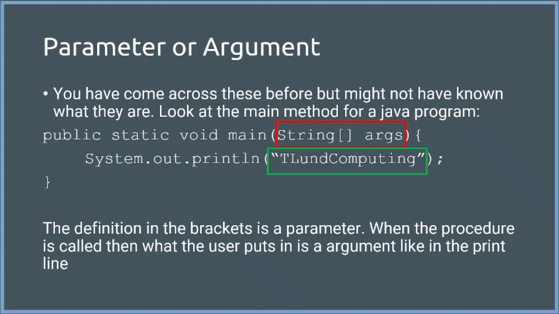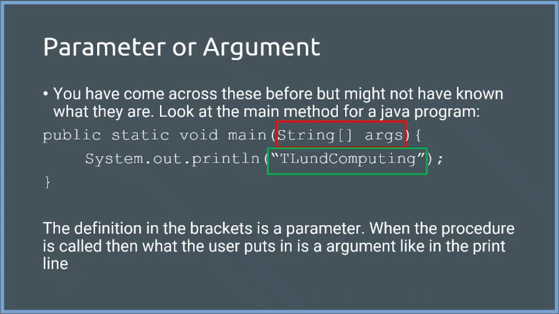When you're writing your subprogram, in the brackets, you may declare what that extra information is. That's what we call a parameter. It's a definition of something that can be used by our subprogram to be able to complete a computation. An argument is what you actually use when you are using the subprogram properly.